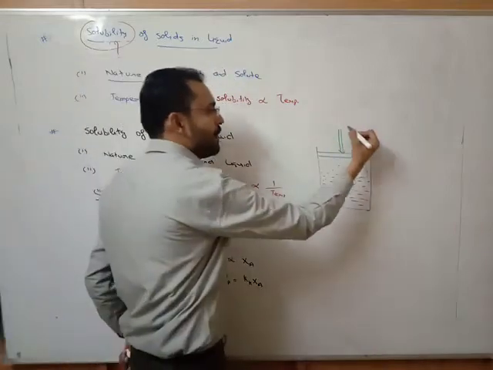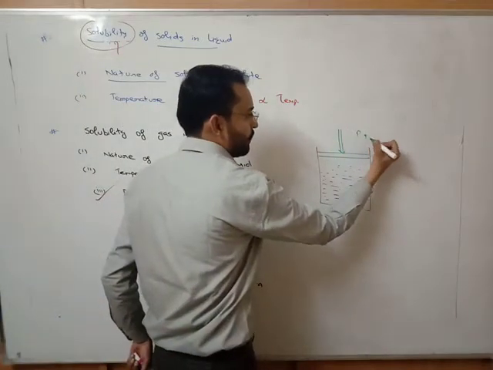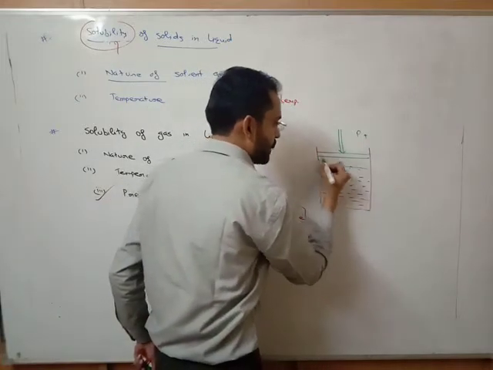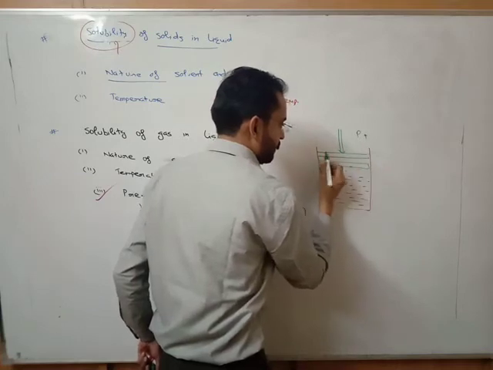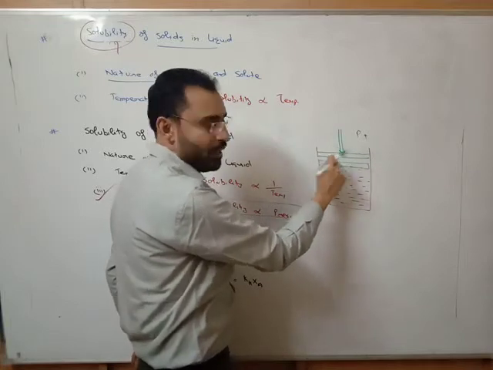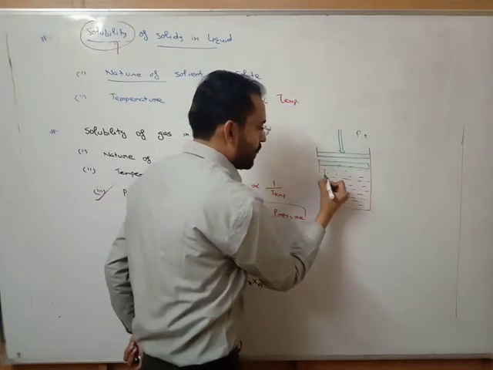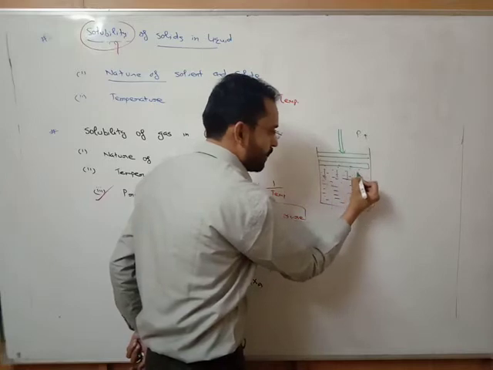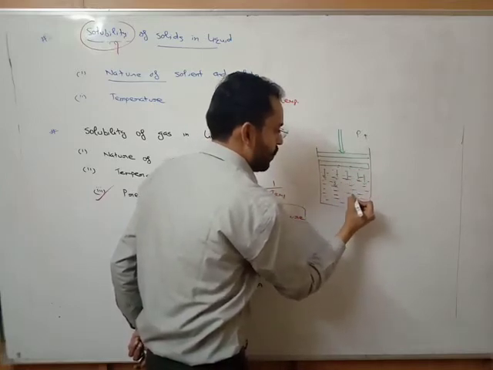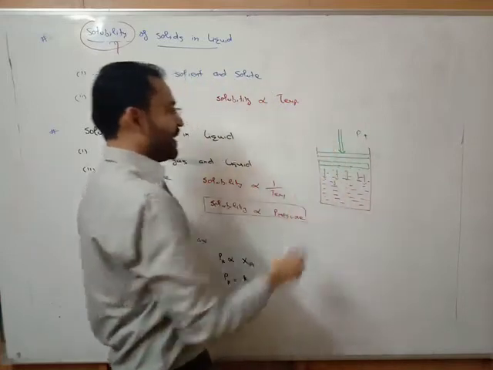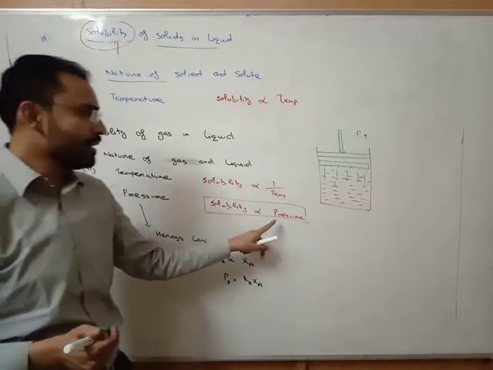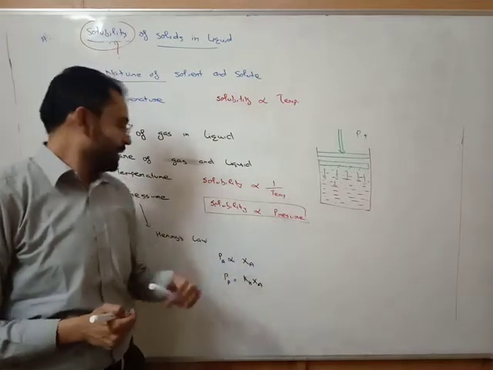So if we increase the pressure, then suppose the piston is pushed to this point. These gas particles, which originally occupy this volume, where will they go? They'll mix up with the solution. So concentration of solute particles will increase. So solubility of gas in liquid is directly proportional to pressure.